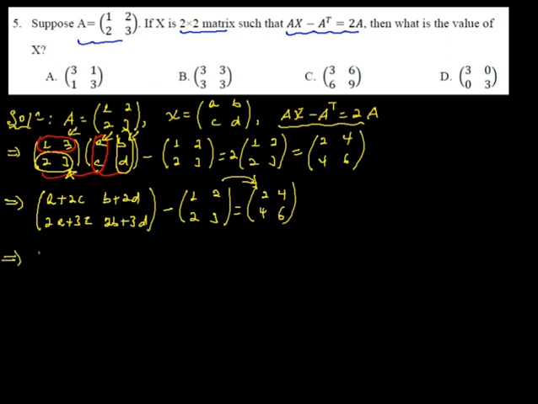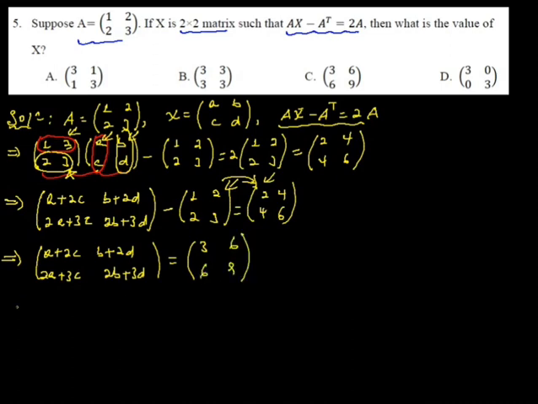The left hand side matrix becomes a plus 2c, b plus 2d in the first row, and 2a plus 3c, 2b plus 3d in the second row, equals, adding these two matrices, 3, 6, 6, 9.